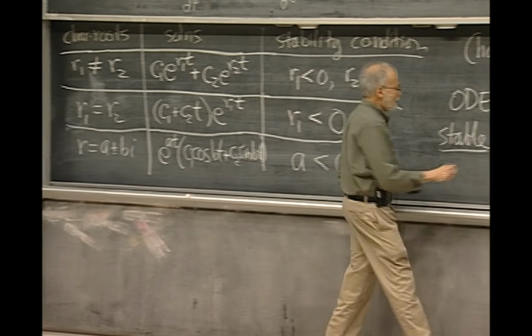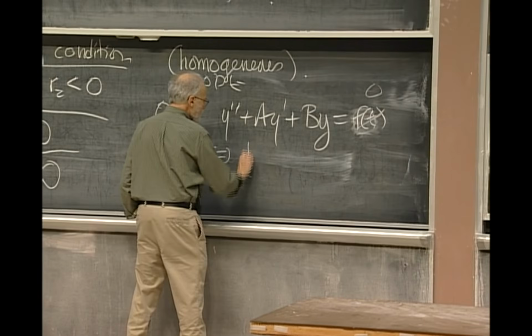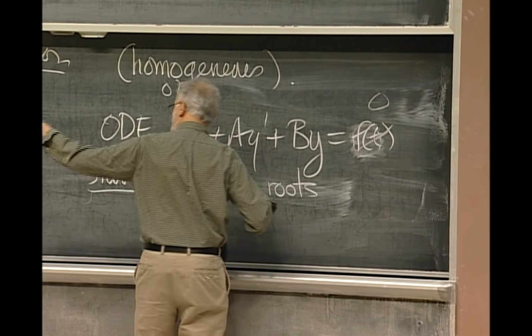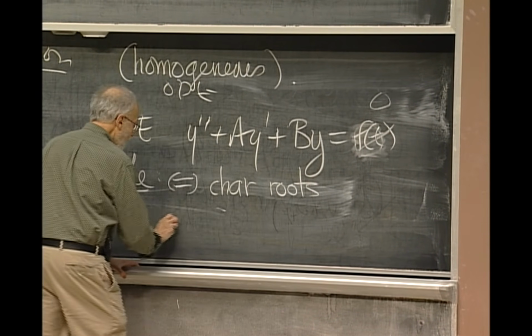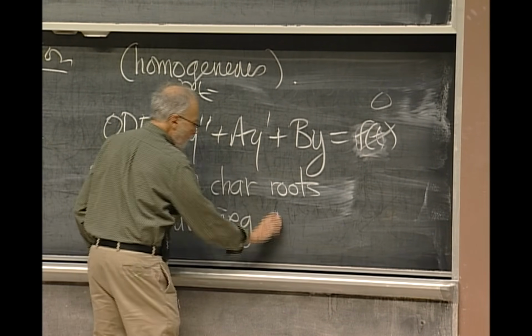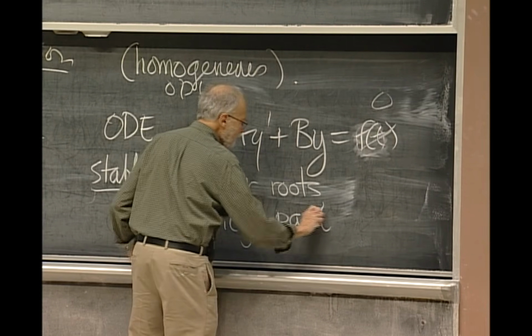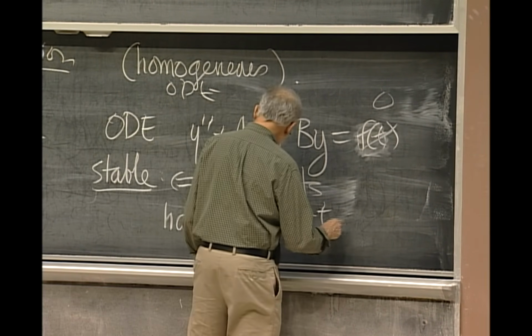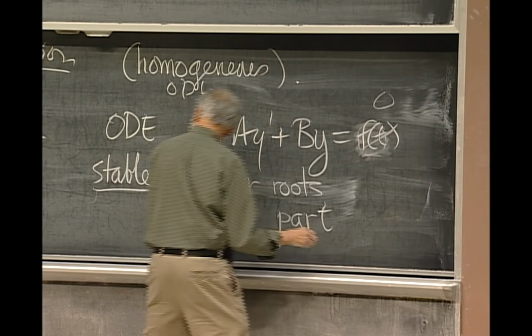If the characteristic roots, the r's or the a plus or minus bi, have negative real part. That's the form in which the electrical engineers will nod their head and tell you, yeah, that's right. A negative real part, sorry.